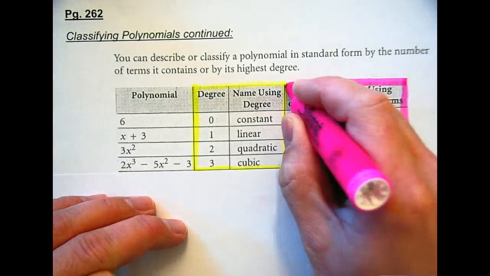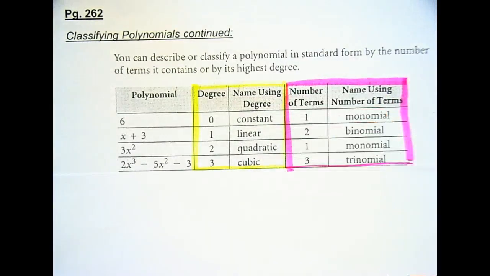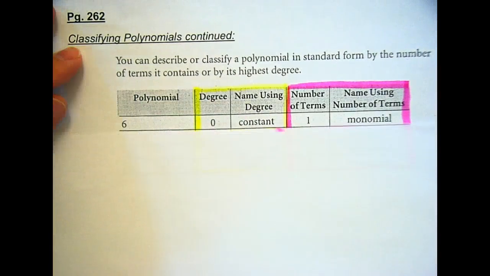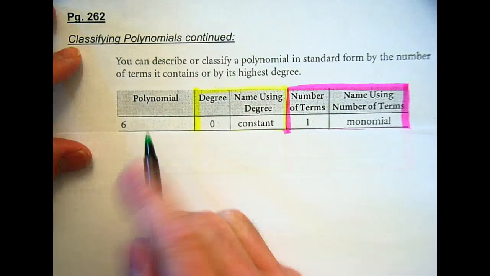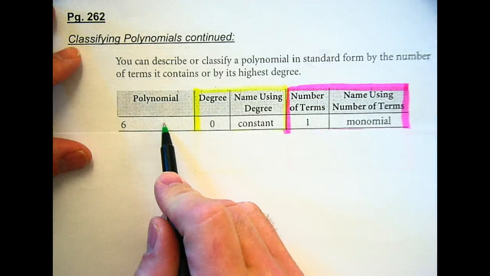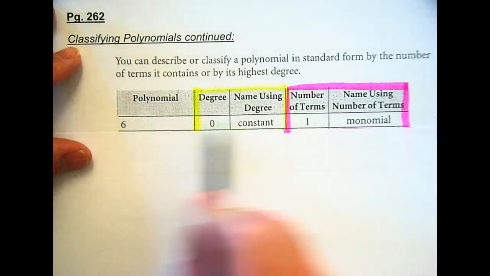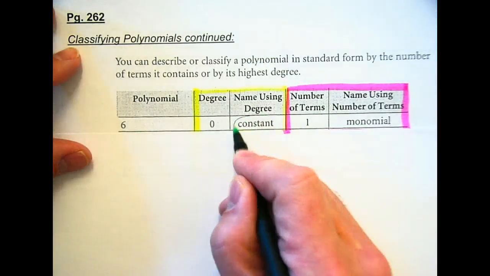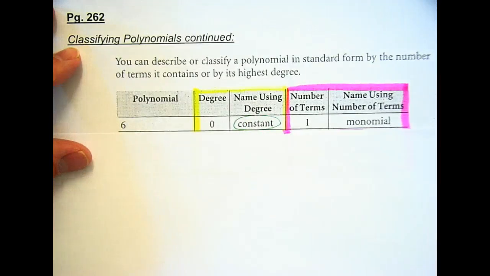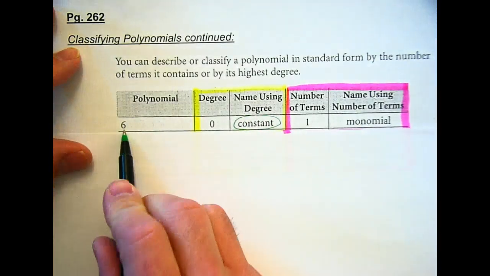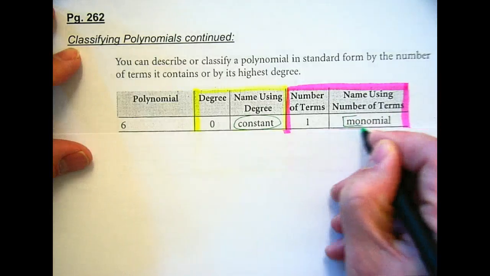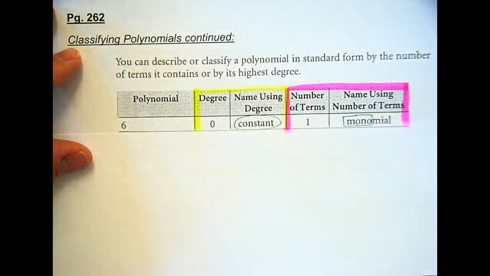For instance, if you're given this polynomial, the 6, the 6 is a 0 degree because it doesn't have a variable. We call that a constant. That's its classification by degree. It has one term, and mono means one, so it's called a monomial.